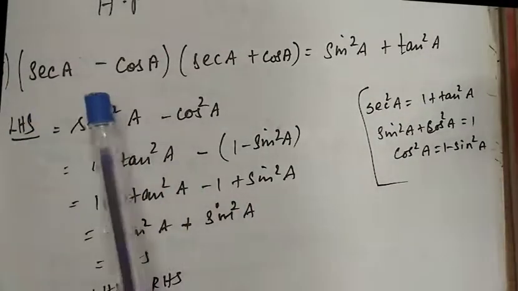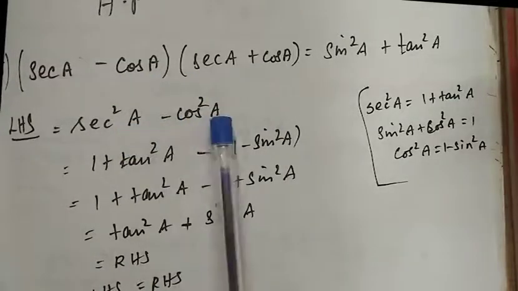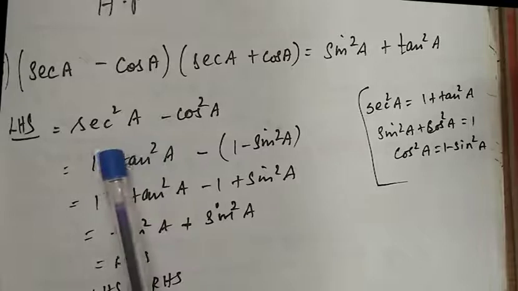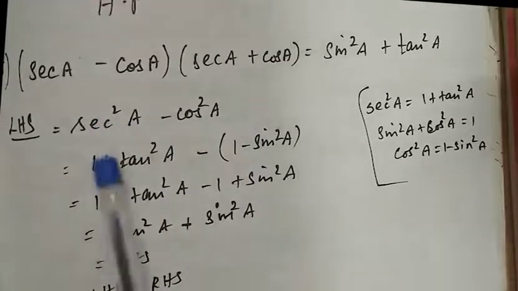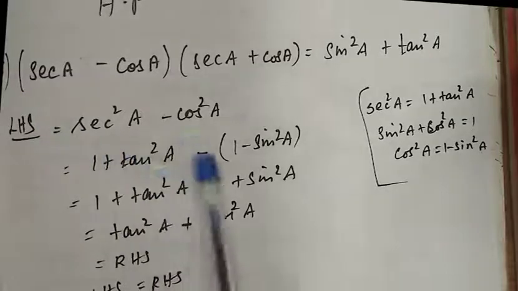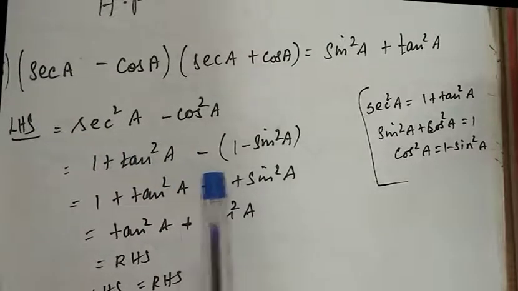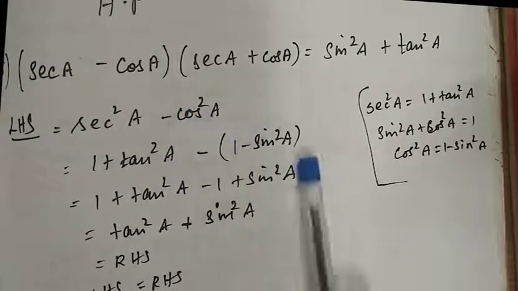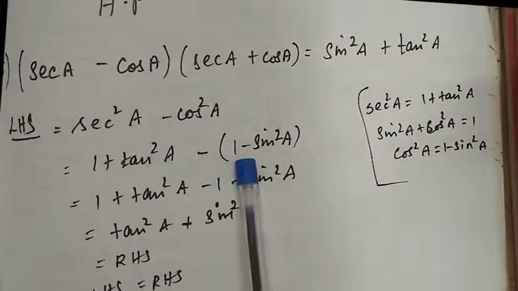It is forming the identities A minus B into A plus B is equal to A square minus B square. So you will write secant squared A minus cos squared A. And in the place of secant squared A, we can write 1 plus tan squared A, identities. Minus cos squared A, you can write 1 minus sin squared A. Now minus into plus, minus.